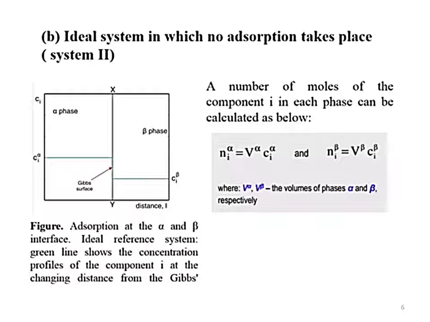V alpha is the volume of alpha phase, and Ci alpha is the concentration of I component in alpha phase. And Ni beta, the number of moles of I component in beta phase, is equal to V beta, the volume of beta phase, into Ci beta, the concentration of I component in beta phase, where V alpha and V beta are the volumes of phases alpha and beta respectively.